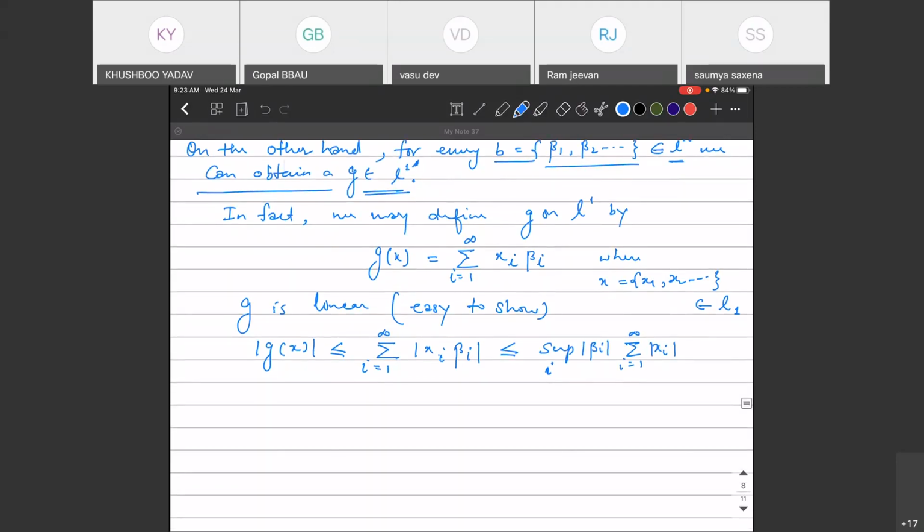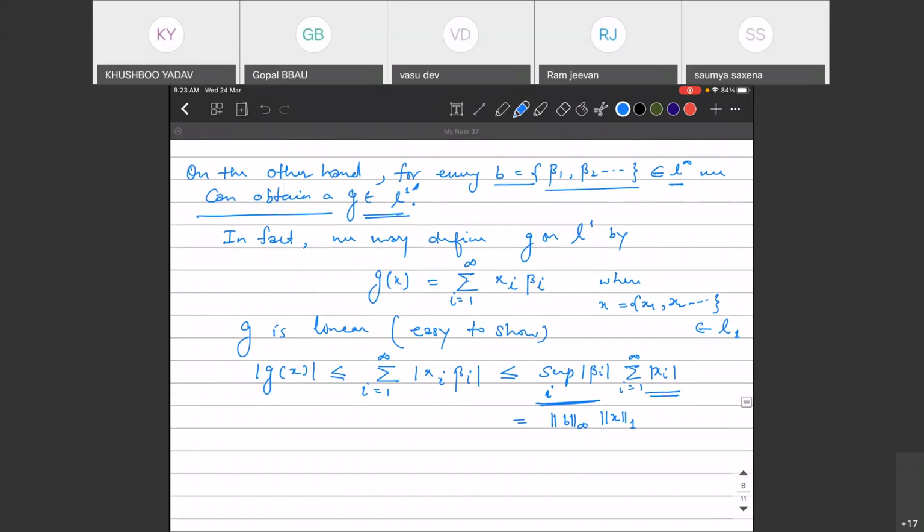So you know this part is the L infinity norm, and the second part is the L1 norm of x. Correct?